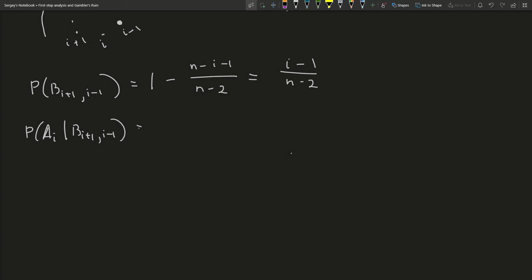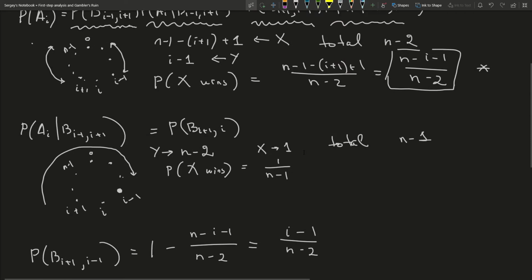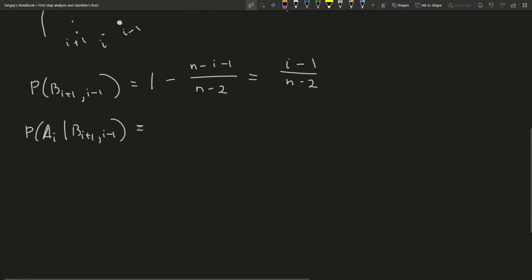And again, we can reframe the question in terms of a Gambler's Ruin problem, but we notice that this question is exactly symmetric to the question of finding the probability that the ith sheep is eaten last, given that i minus first was eaten before i plus first. And we already computed that result, and we got 1 over n minus 1. So this result, by symmetry, is also 1 over n minus 1.